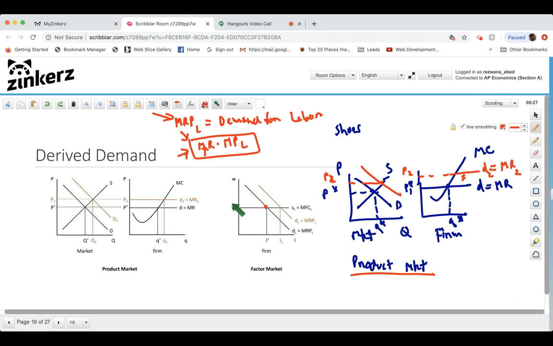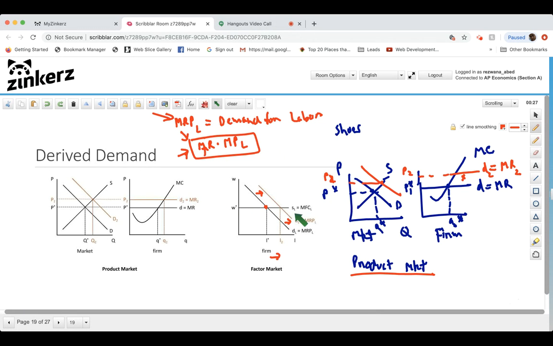But now, once the price increased in the product market, the MR2 increased, and we see that the MRPL also increases. So the MRPL, the demand for labor, shifts to the right. Once that happens, the quantity of labor demanded is going to increase, because the demand for labor has shifted to the right, and therefore at the same wage rate, we don't have to increase our wage.